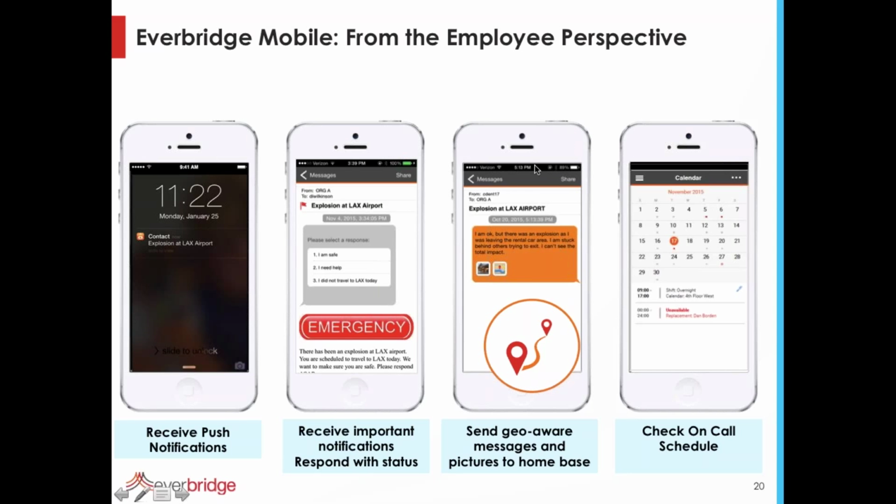They can send you your trusted frontline intelligence with pictures. It's a two-way communication. And also you can check on schedules if you're an employee, on-call schedules, etc. So the employee's got a great application for them to manage critical communications, know when they're on call, etc.